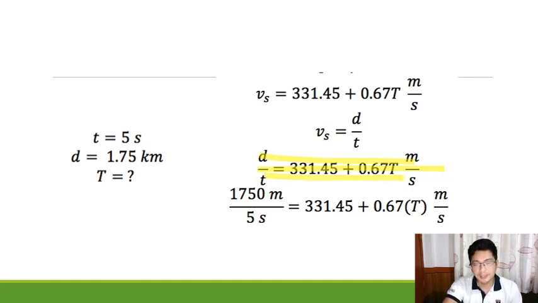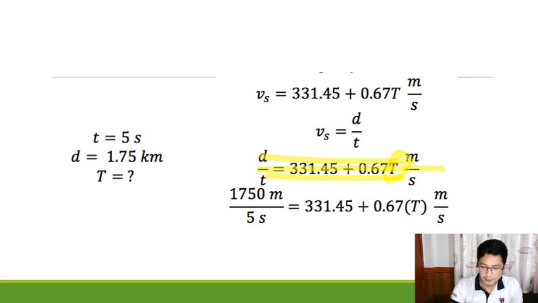So, ito na ulit yung working equation natin. But this time around, ang hinahanap is yung temperature. Ito. So, we have distance over time. Ang distance natin is given in kilometers. So, in meters per second to. So, convert natin siya into meters. So, 1,750 meters over 5 seconds is equal to 331.45 plus 0.67 times the temperature.